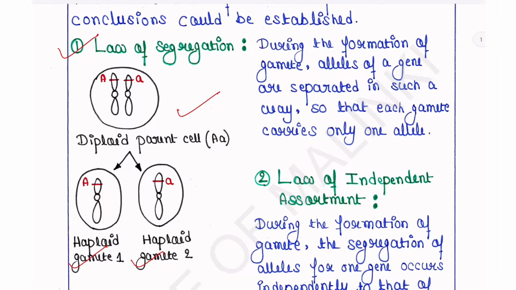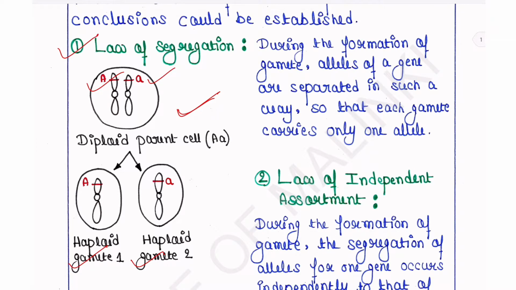Now, this parent cell contains 2 alleles, capital A and small a, in one pair of chromosomes. Now, a gamete is basically a haploid cell. That means each gamete contains a single set of chromosomes.